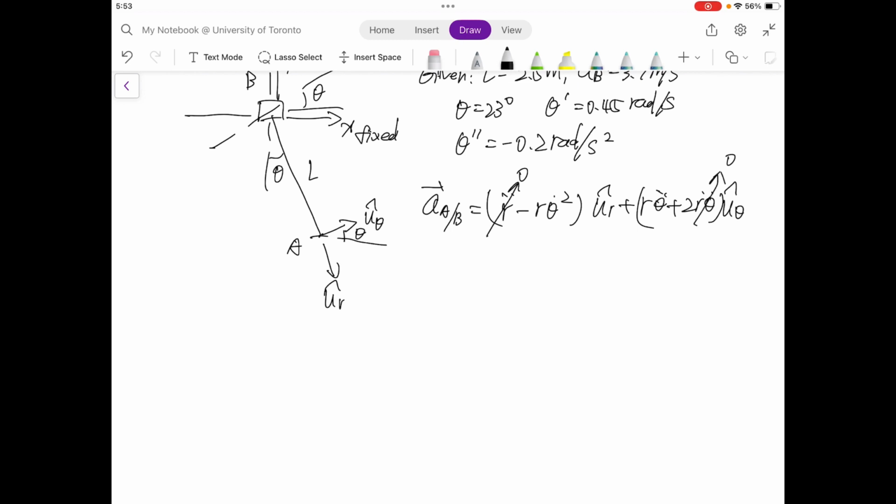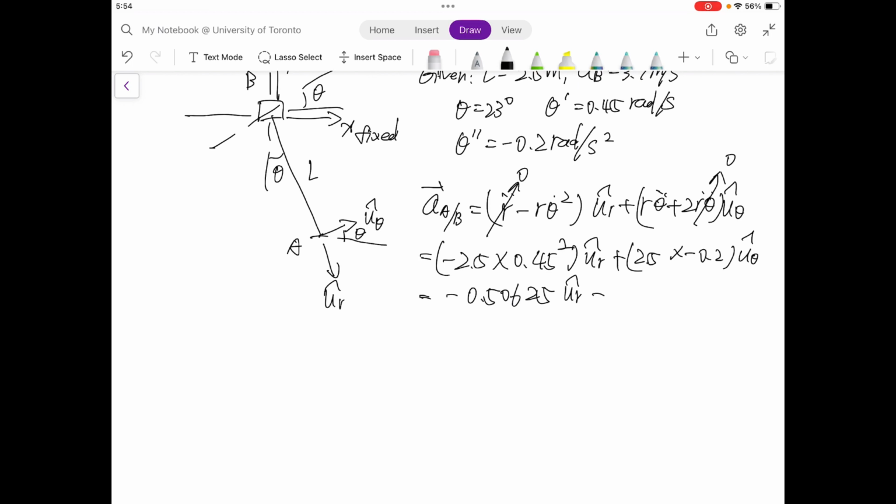Here is also equal to 0, equal to negative 2.5 times 0.45 squared UR plus 2.5 times negative 0.2 Uθ, equal to negative 0.50625 UR minus 0.5 Uθ meters per second squared.